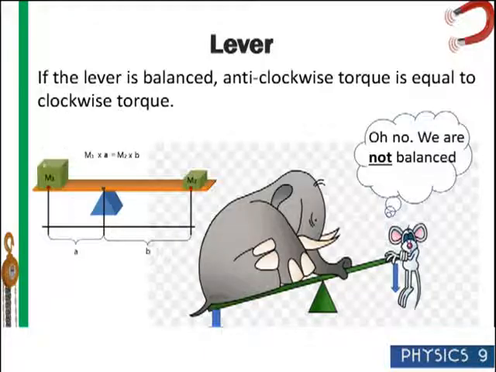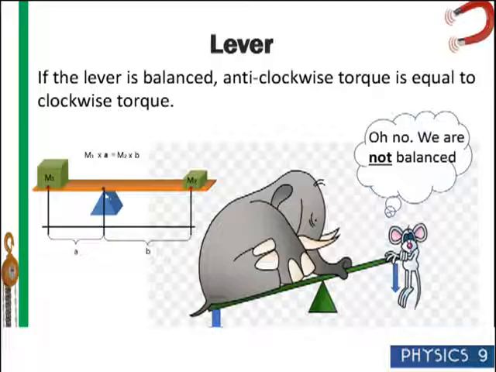Assuming this is a balanced beam, in other words, it's stationary and not moving down or up at either end, then remember what we said about the torque. The torque is going to be the force multiplied by the distance from the fulcrum.